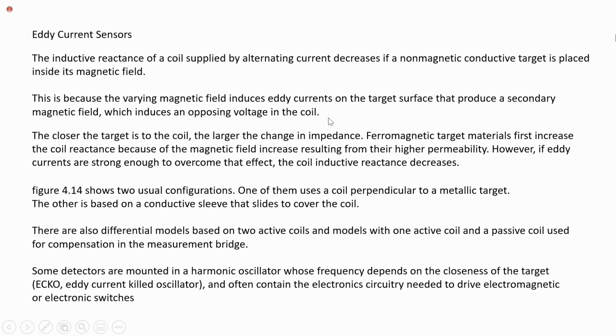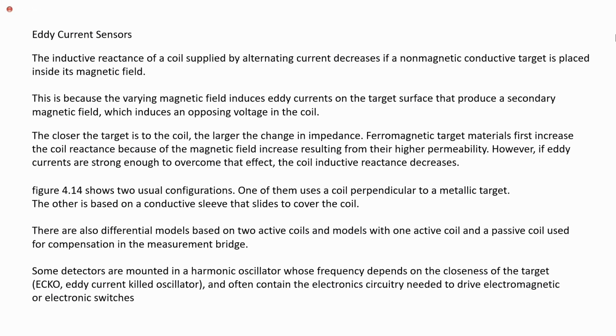So the conductor will get disturbance and it will create another magnetic field. The closer the target is to the coil, the larger the change in the impedance. Ferromagnetic target materials first increase the coil reactance. This theory is giving information about the eddy current sensor, students.